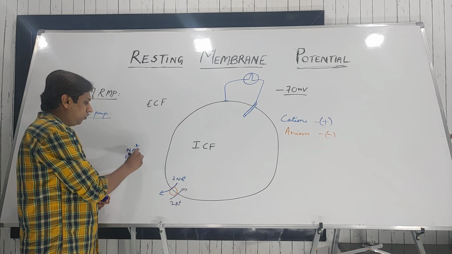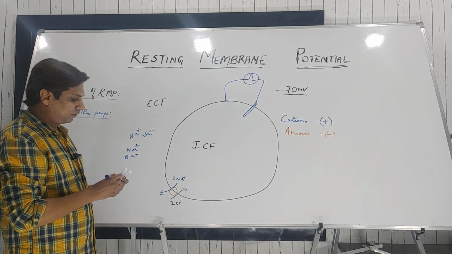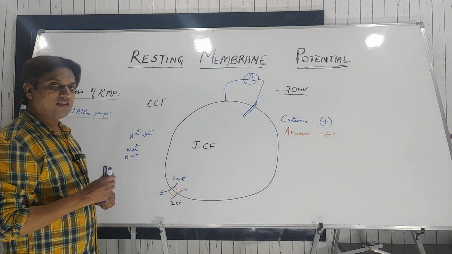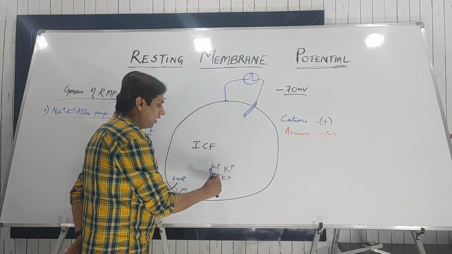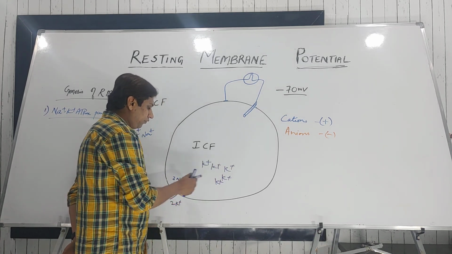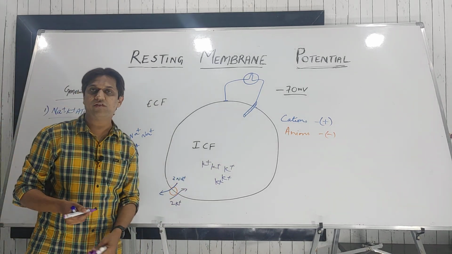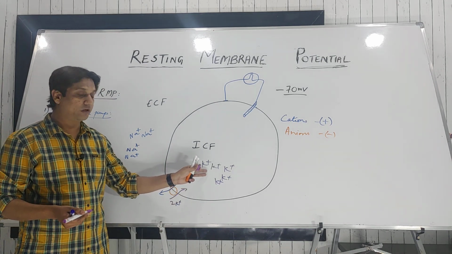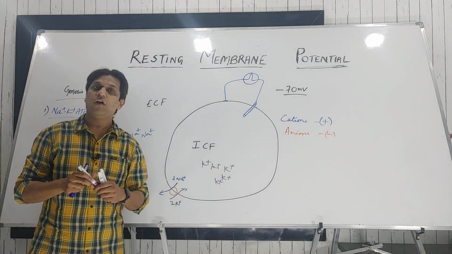This is one point to describe why sodium is more outside the cell as compared to the inside, and inside there will be more potassium, because it is pumping 3 sodium outside and 2 potassium inside. So the more important intracellular cation will now be potassium and extracellular will be sodium.